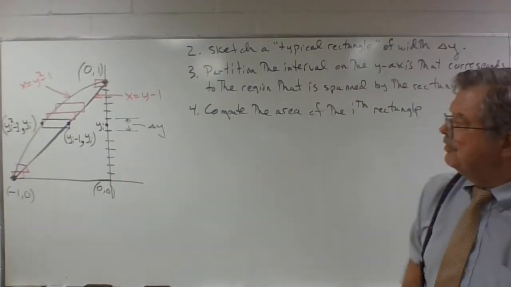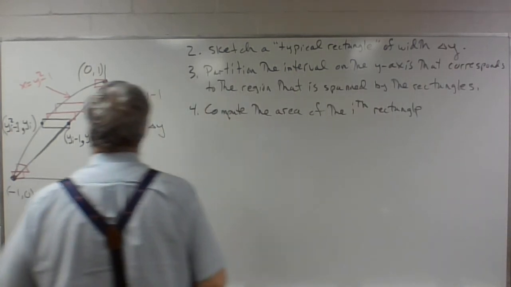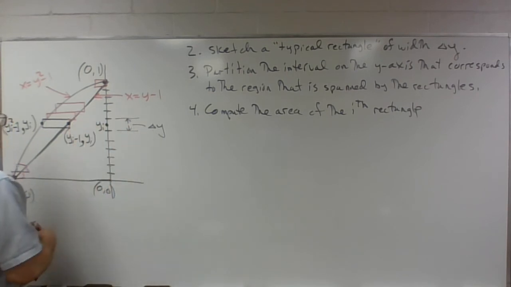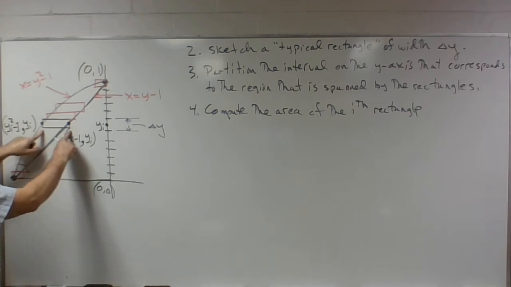Next step, compute the area of the ith rectangle. The width is going to be delta y, and the length is going to be, since this is a horizontal distance, the difference of the x coordinates.